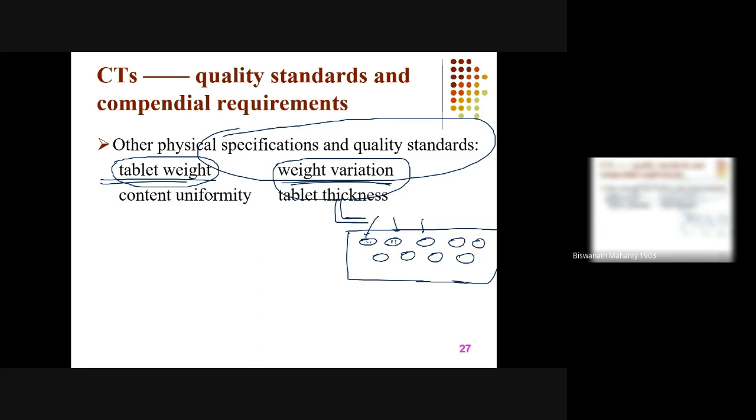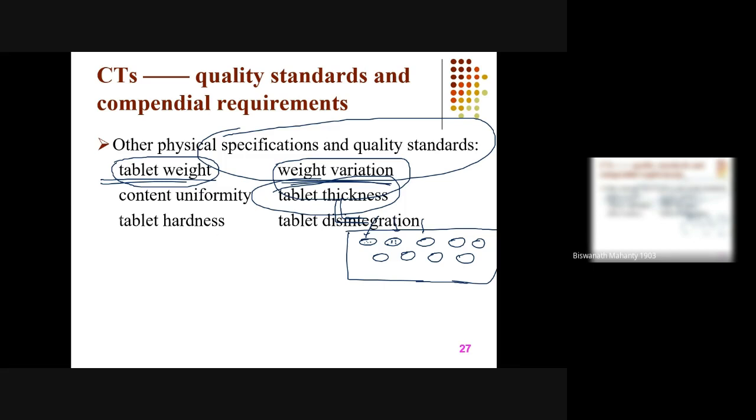Content uniformity, is the drug content, how much is there in these tablets, we have to validate. Tablet thickness, we need to validate. So these things should always be in a compendium range. Whatever the company has specified, they have some quality standard. So how are they going to validate?